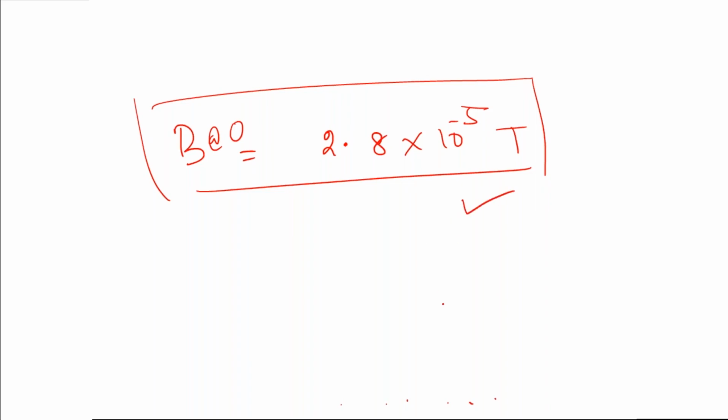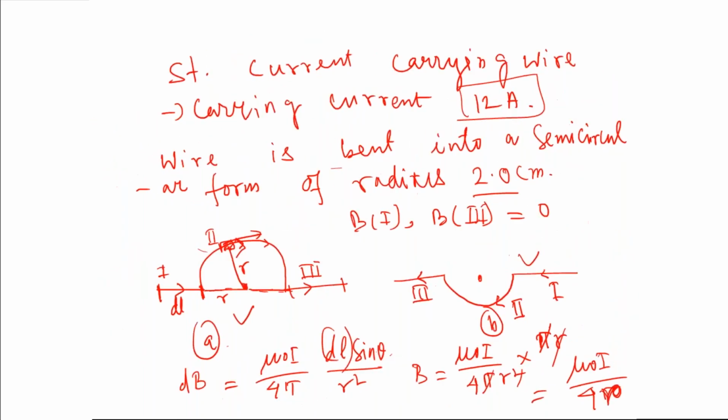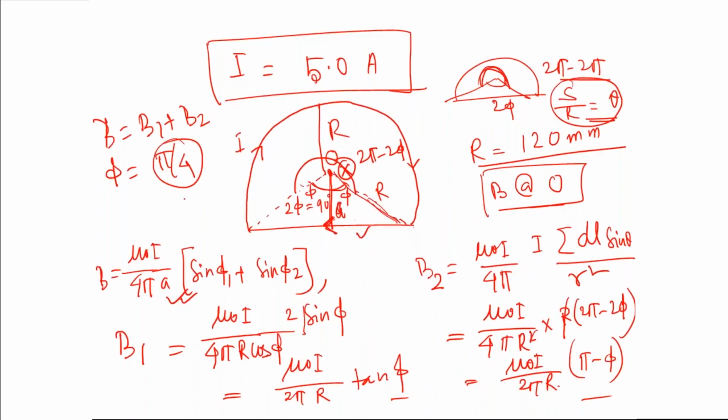So I think I'll stop here with this. You people have to be very prompt, and you have to remember these formulas and how to apply them. You have to be expert in that. If you become expert, then you'll be able to crack any competitive exam.